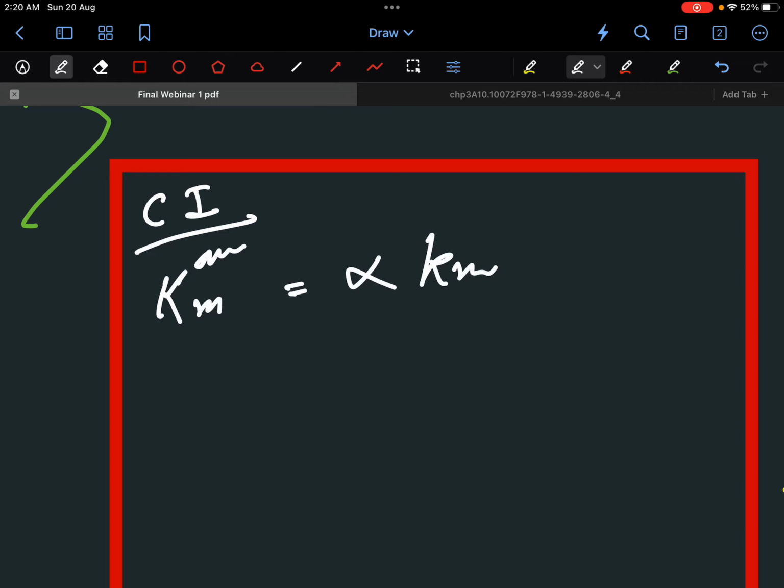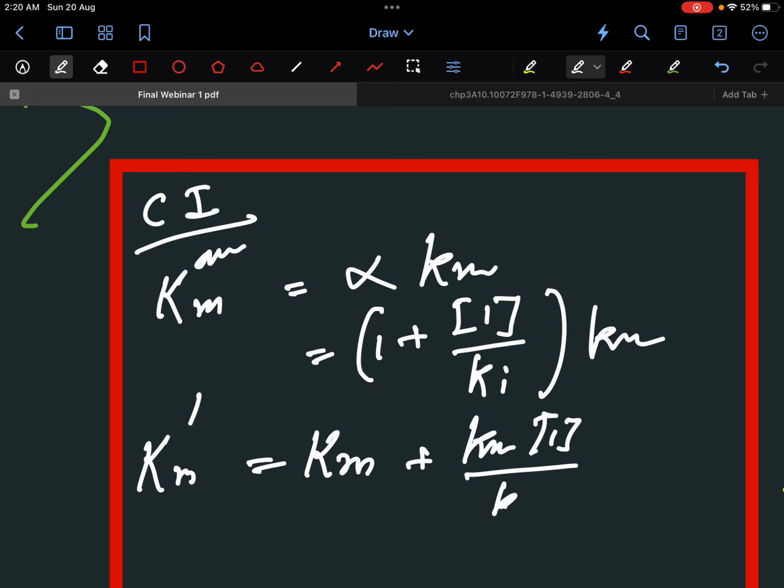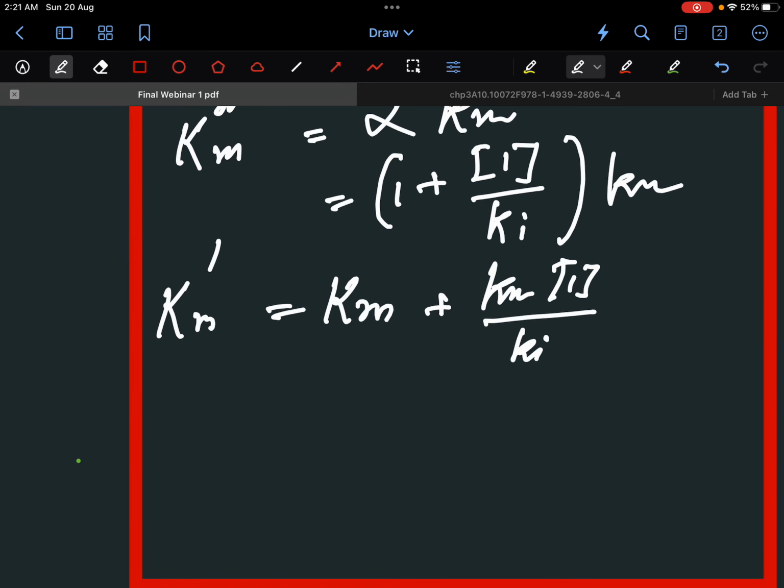The Km apparent is alpha Km. Okay, and what is alpha? The value of alpha is 1 plus concentration of I by KI into KM, तो कर लो, KM dash लिख रहा हूँ मैं, अभी apparent KI लिखूँगा, तो multiply this KM plus KM into concentration of I by KI हो गया.